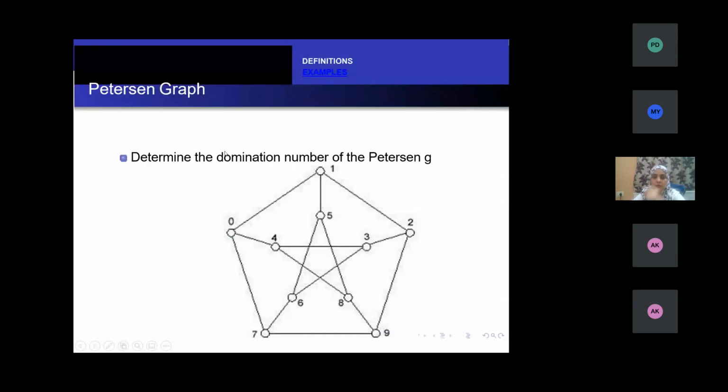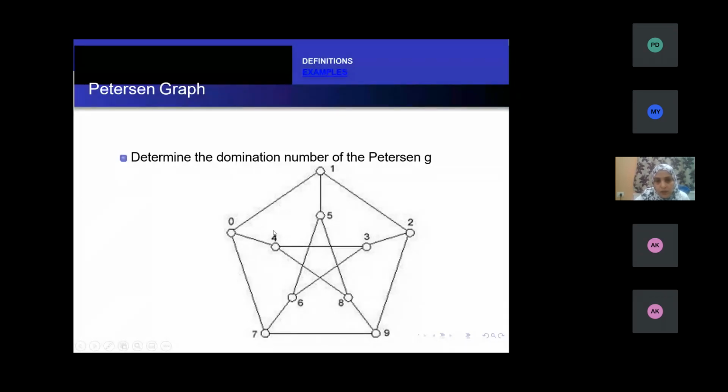Here also I can explain the domination number through another type of graph. Here we have a Petersen graph. Here we can see that vertex 1 is connected to 0, 2 and 5, whereas 5 is also connected to 6 and 8. 4 is connected to 3, 8 and 0.